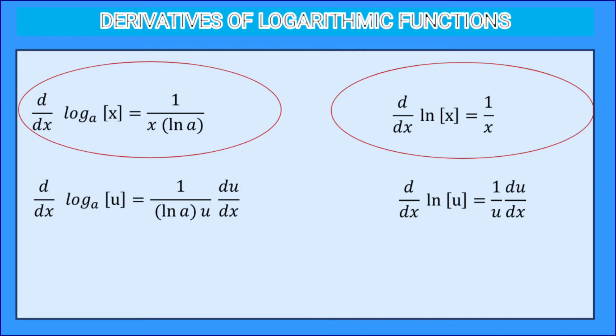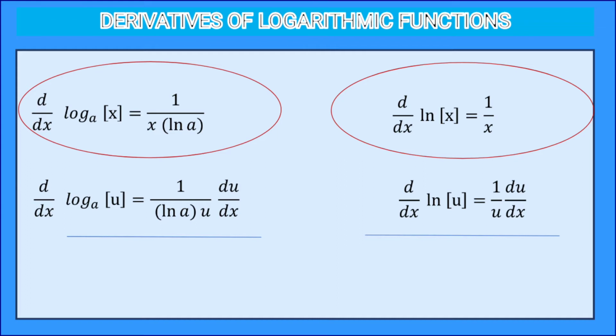This is the chain rule for finding the derivative of common logarithmic functions. And the other one, d over dx of ln u, where u is our function, is 1 over u times du over dx. du over dx means we need to find the derivative of our function, or the u itself.